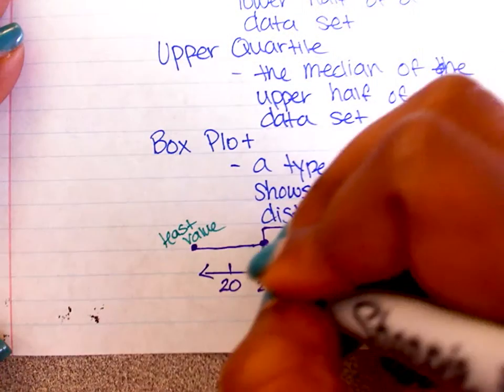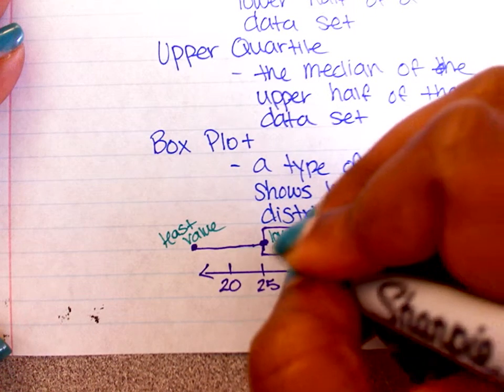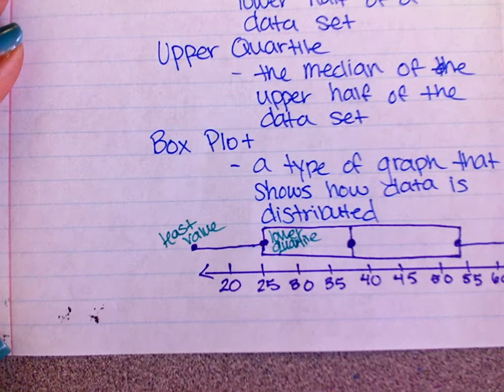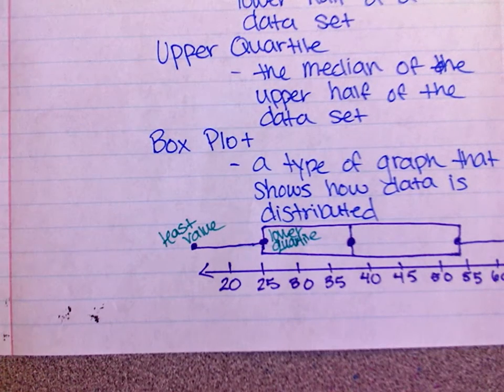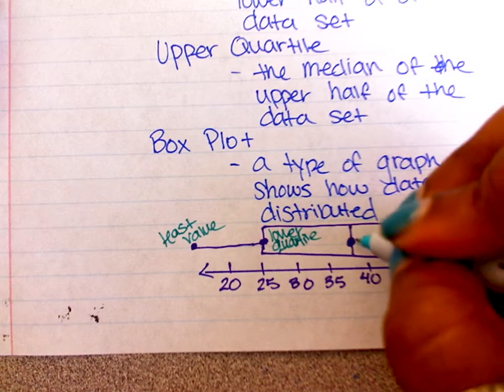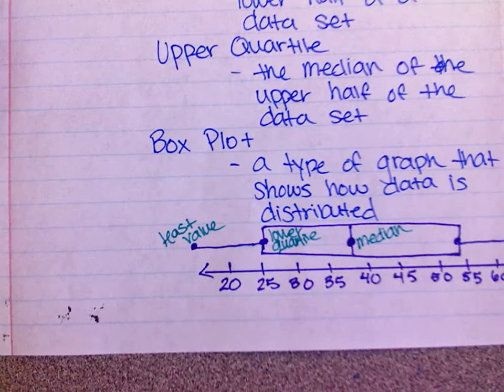This one right here is your lower quartile. That's the dot that is the median of the lower half of your numbers, the middle number of the low half. Your middle point is just your median of all of your numbers, the middle number of all of them.